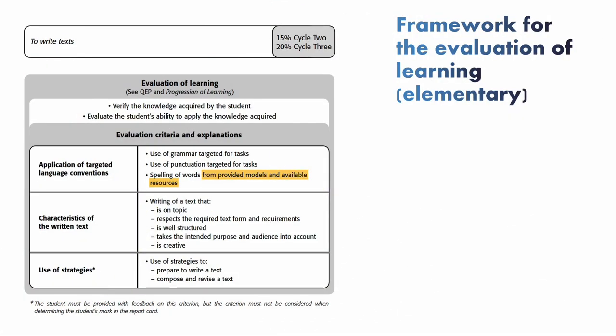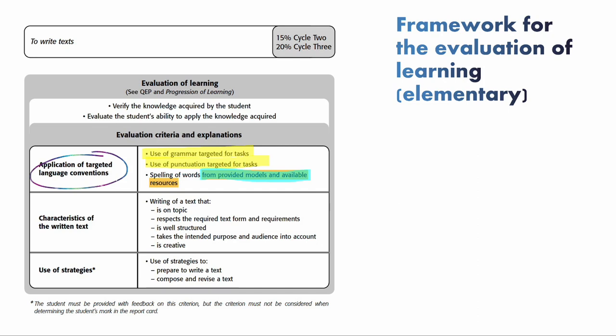And if we look at the framework for evaluation of learning, this is the other document that the ministry produced in order to help us evaluate. We're going to see those 2 criteria again. So application of targeted language conventions, so that's not just grammar, but spelling, grammar, punctuation. And again, only grammar targeted for tasks, only punctuation targeted for tasks, and only spelling that's been provided from model stuff that you've already taught them.